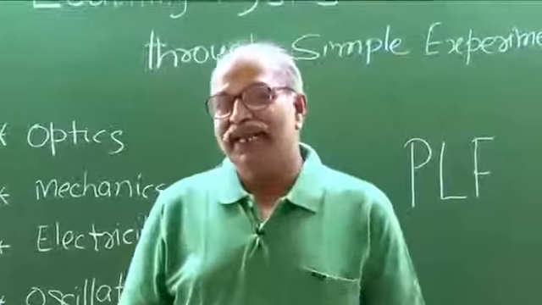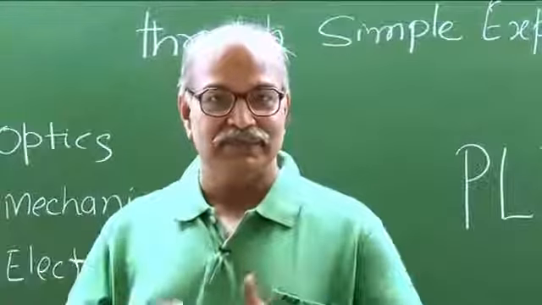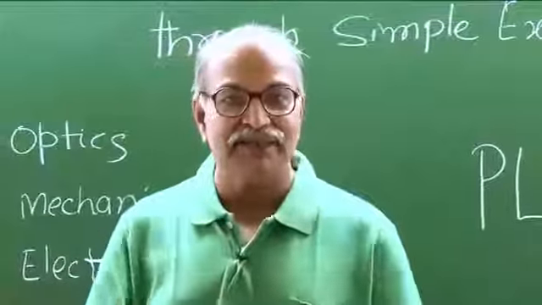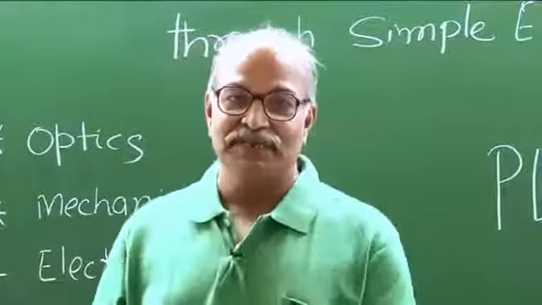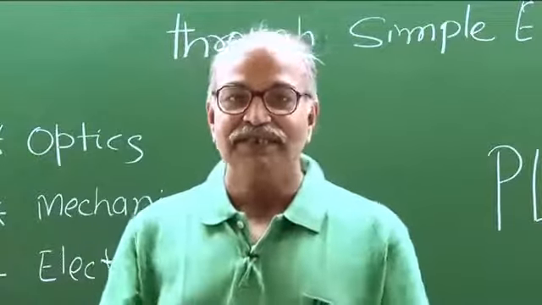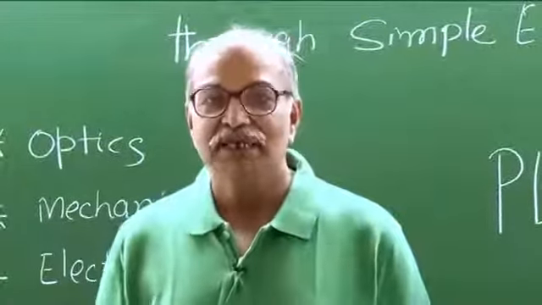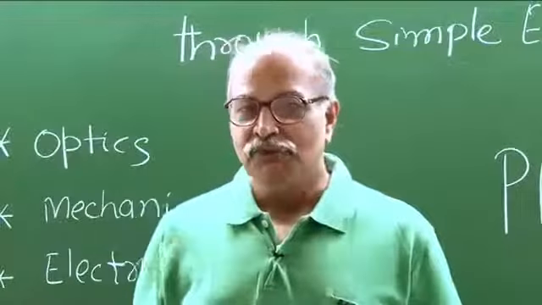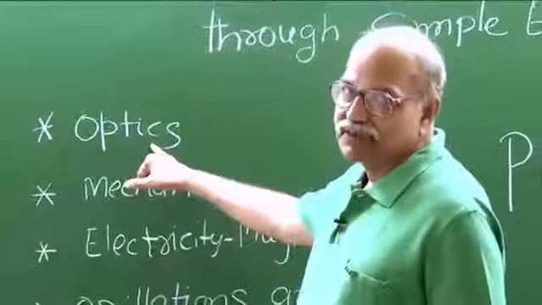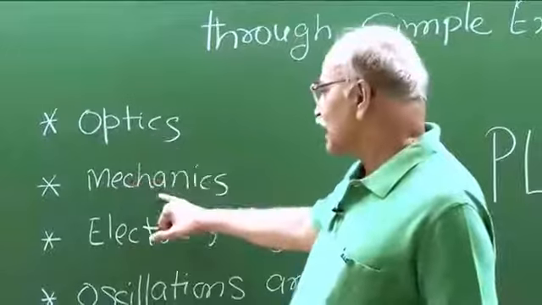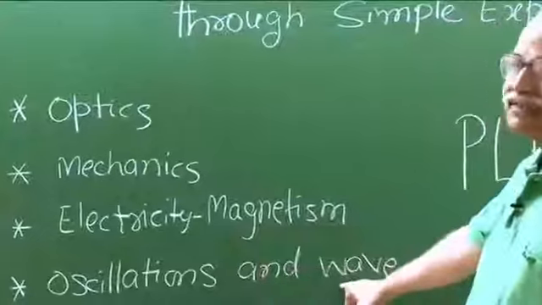I have divided this 8-week course in 4 broad modules, although in experiments you cannot really divide things. All these divisions in chapters is artificial. When you are doing something, then many of the concepts go together in one experiment, but still broadly I have divided it in 4 parts, that is optics, that will be our first module, and then mechanics, and then electricity magnetism, and then oscillations and waves.